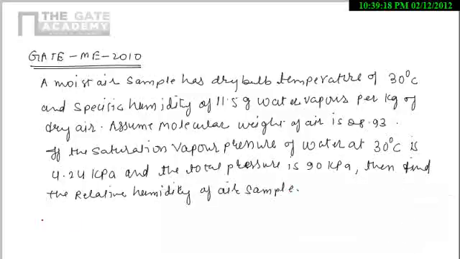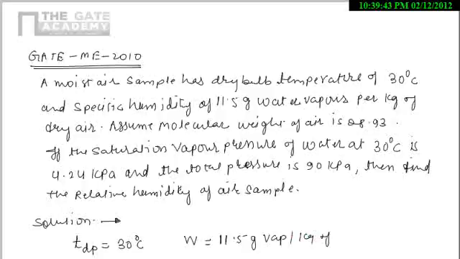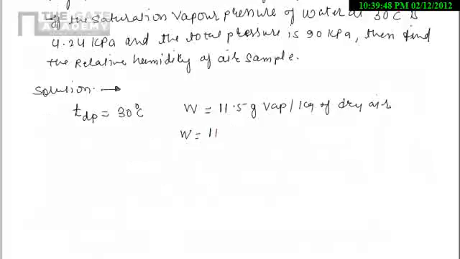So now let's solve this problem. First of all, I am writing the things given in the problem. The wet-bulb temperature is given as 30 degrees centigrade. Specific humidity, denoted by W, is given as 11.5 gram vapor per kg of dry air. So in terms of kilogram, 11.5 into 10 to the power minus 3 kilogram vapor per kg of dry air.